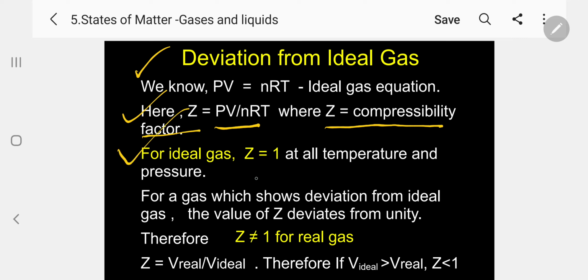For ideal gas, Z equal to 1. Please note, my dear student, this question is asked. For ideal gas, Z equal to 1 at all temperature and pressure. For a gas which shows deviation from ideal gas, what gas will deviate? Real gas. The value of Z deviates from unity.